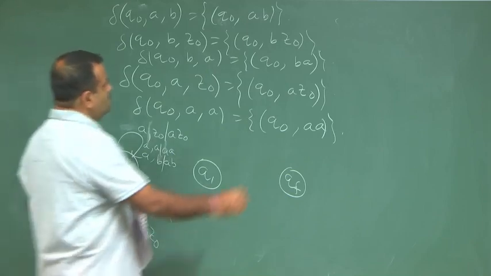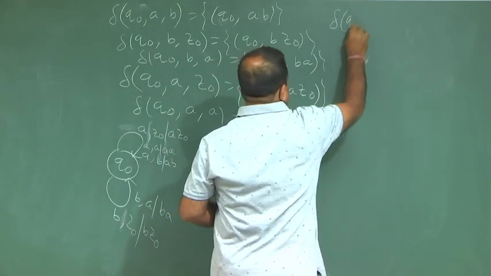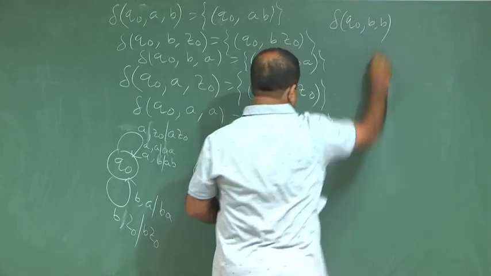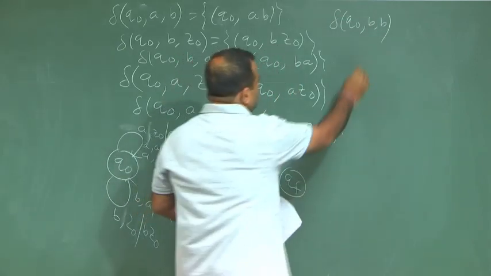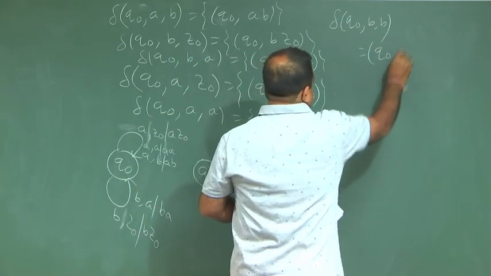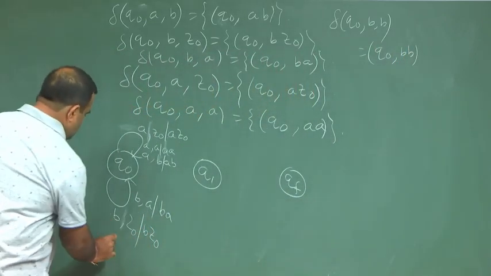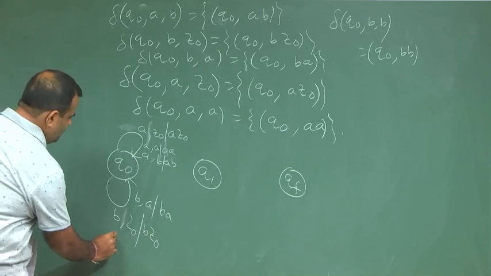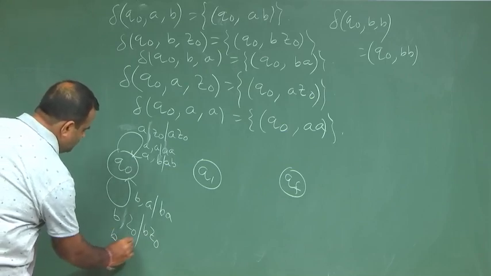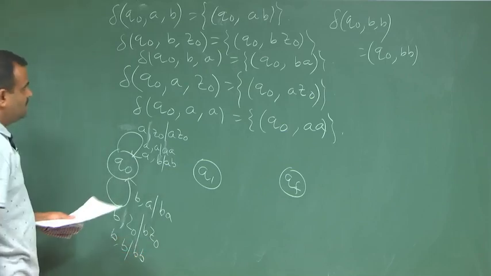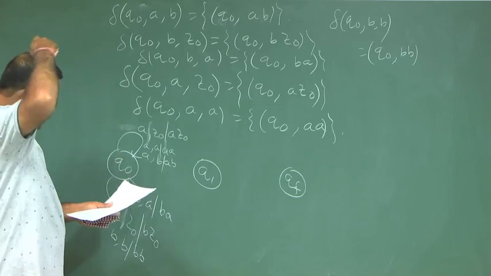Okay. And Q0 B B: we remain at Q0 and this is B B. So B and B will be B B. This is all the rules of Q0.